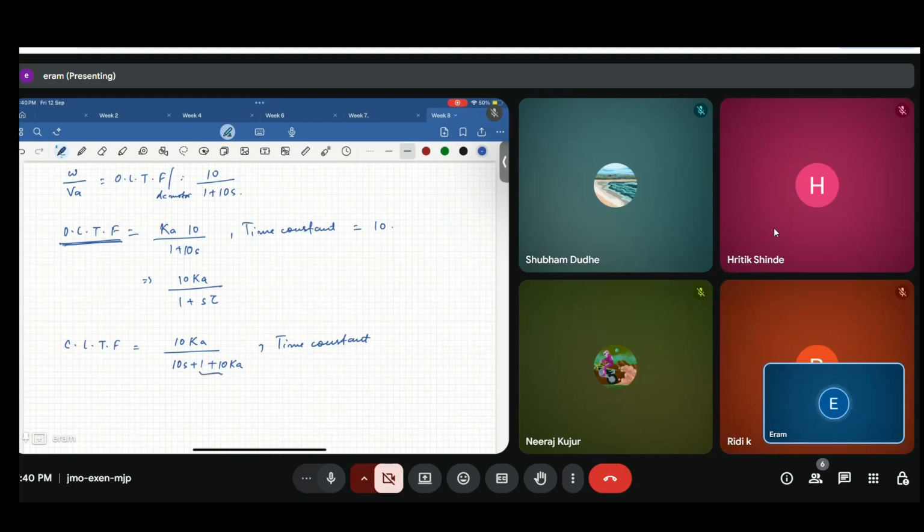For that we have to make this constant term 1, so we divide numerator and denominator by 1 plus 10 Ka. So it will be 10 Ka divided by 1 plus 10 Ka, to convert into standard form, and this will be 1 plus 10 divided by 1 plus 10 Ka into s. Okay, now what is the time constant? It is this coefficient, which is 10 divided by 1 plus 10 into Ka.